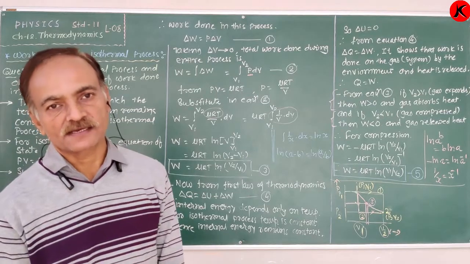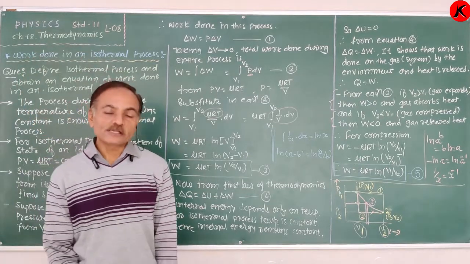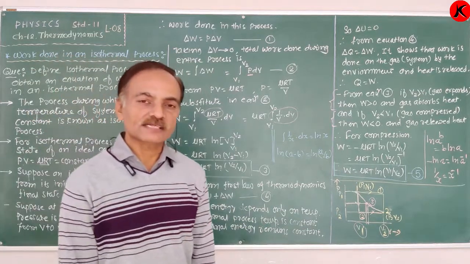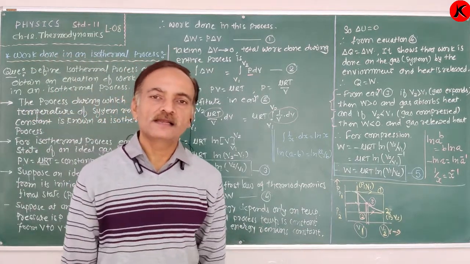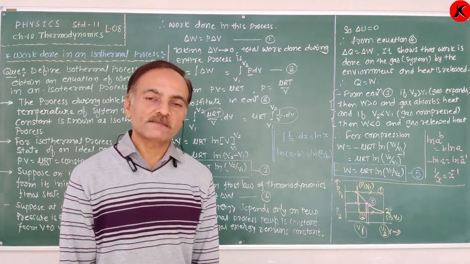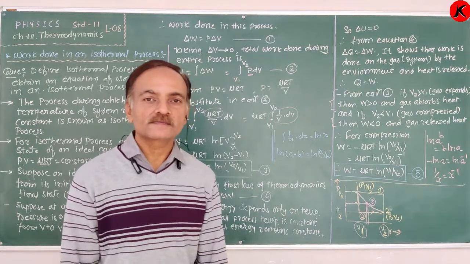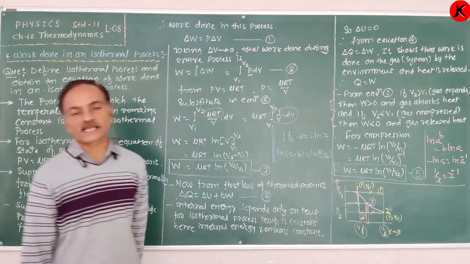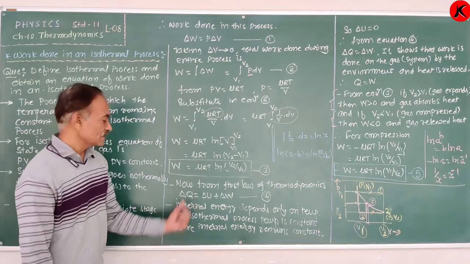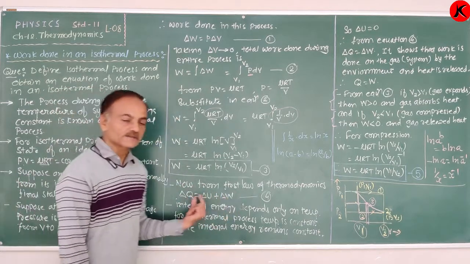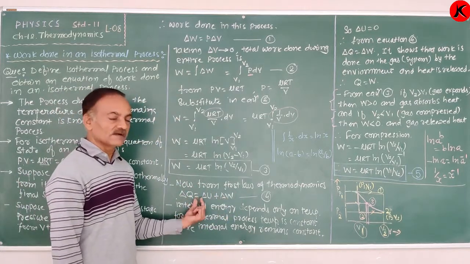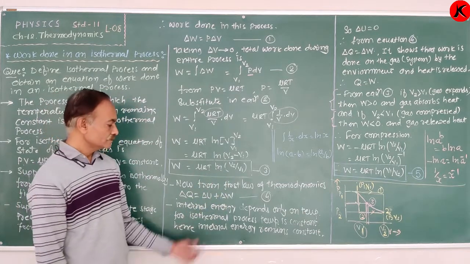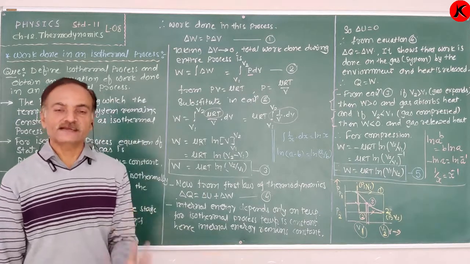But it is also possible that the gas is compressed and the system achieves its final state in which the pressure is P2 and volume is V2. So we derive this equation for compression of a gas. For that purpose, we use the first law of thermodynamics: delta Q is equal to delta U plus delta W. Delta U is the change in internal energy.